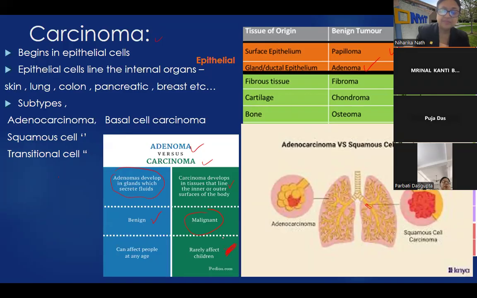A carcinoma will take place because, as we just saw in the previous section, mutations have to take place, environmental, genetic, epigenetic changes have to take place. So it takes a while. That's why this is rarely in children. Okay, so we just talked about the epithelial cancers, and that's the majority of your cancers, okay? Majority.